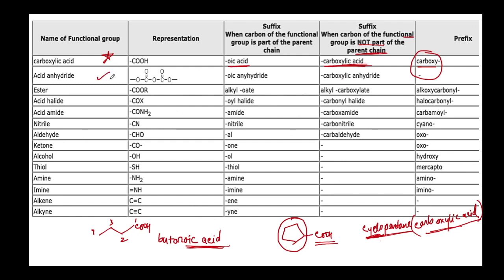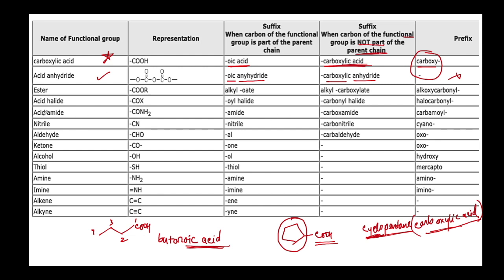Next is acid anhydride. You have oic anhydride if it is part of the parent chain. If it is not part of the parent chain but is the only functional group, you call it carboxylic anhydride, and it does not have any name for prefix. Okay, it can only be taken as a suffix.